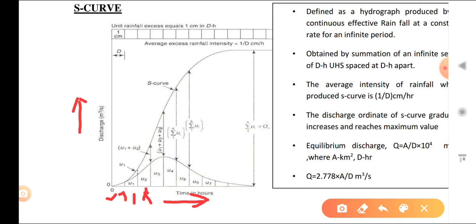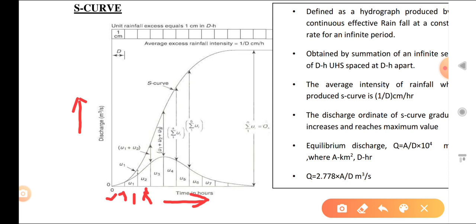Here u2 is the ordinate of the unit hydrograph, and u1 is the ordinate of the additive S curve, or the addition of the S curve. So at any point, the ordinate of the S curve St is equal to the summation of ut plus the addition.